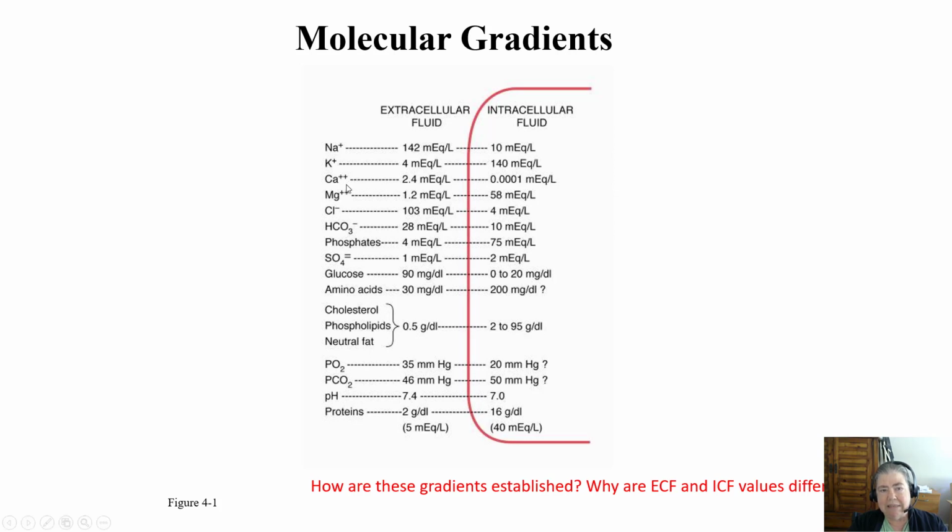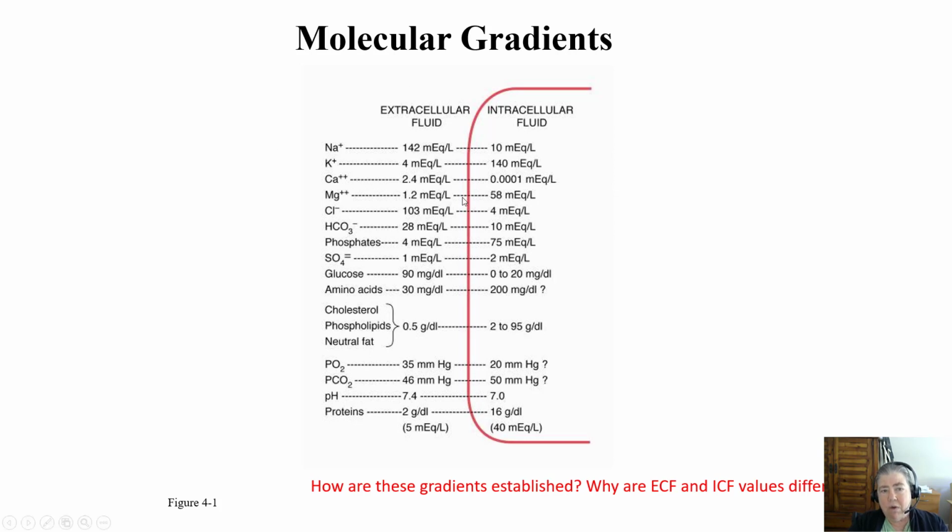Even more dramatic is calcium. So while calcium levels are nowhere near as high as sodium levels, there is a huge gradient between extracellular calcium and intracellular calcium. There's almost no calcium in the intracellular fluid.